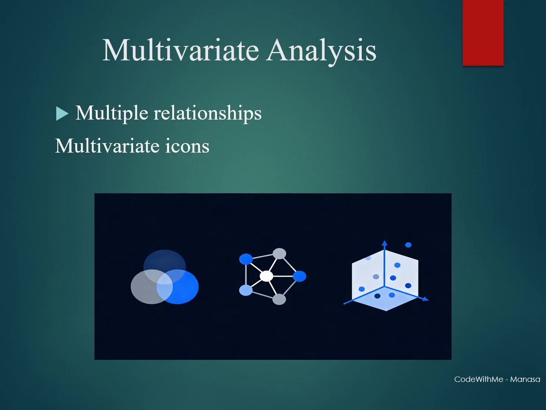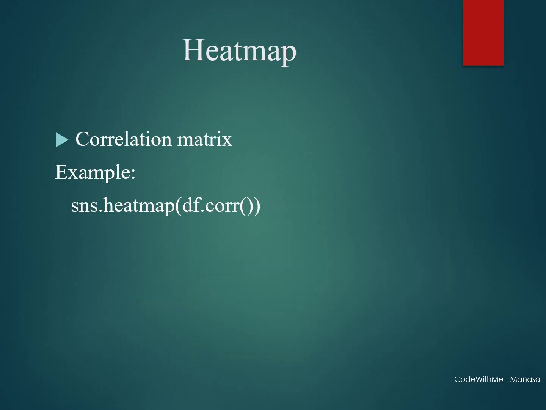So let's see a heat map. So what is a heat map? One of the most popular tools in multivariate EDA is the heat map. A heat map visualizes the correlation matrix. For example, here is a Python snippet, sns.heatmap of the defined correlation. In the defined correlation, we can give what variables we are going to see the correlation between, and it gives us the heat map.